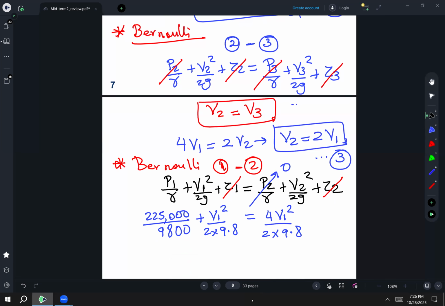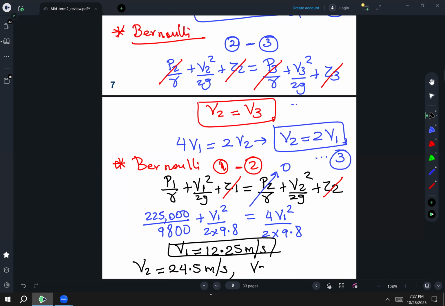And the value of velocity 1 from this is going to be 12.25 meters per second. And therefore, velocity in 2 will be twice of this. So that will be 24.5 meters per second. And of course, velocity 3 also will be equal to 24.5 meters per second.